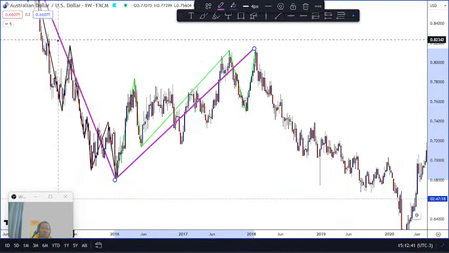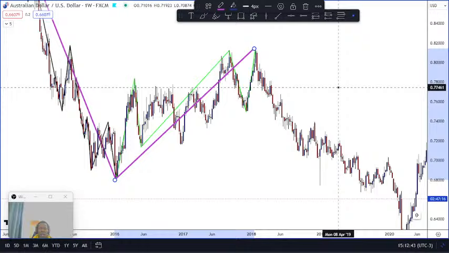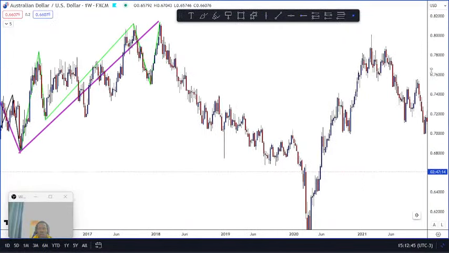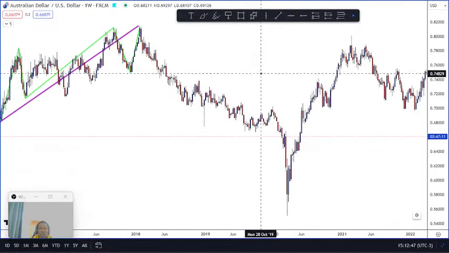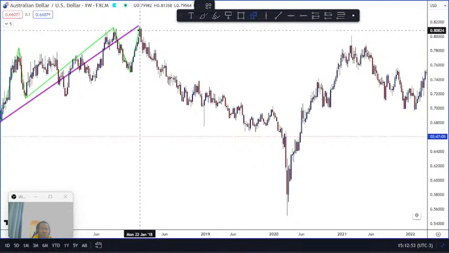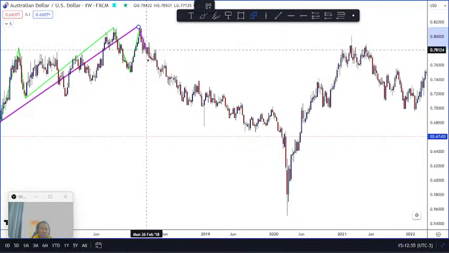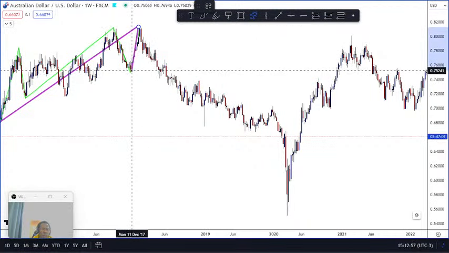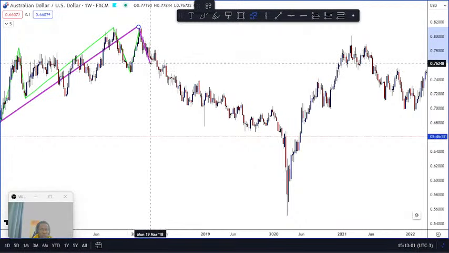Okay, so extension, retracement, and now we have a new extension all the way to the downside right here quickly. And then the market started making a lower low. It terminated this higher low here, okay, and started making lower low.